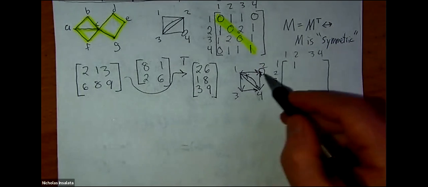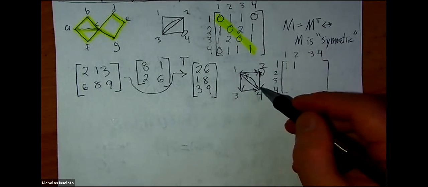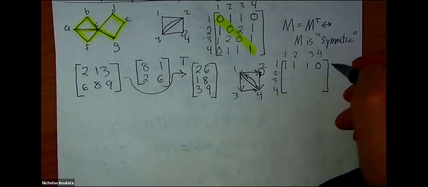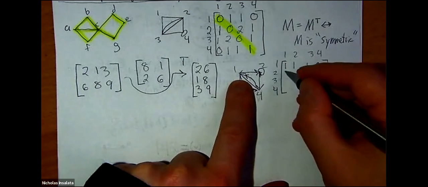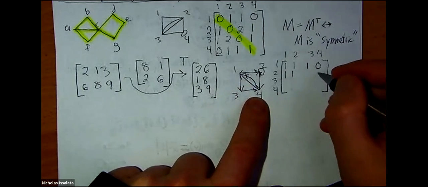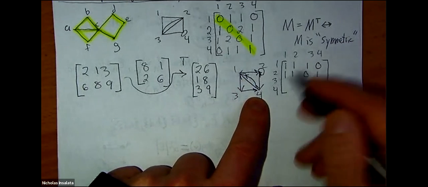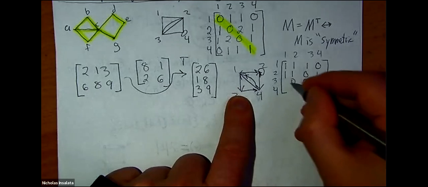Okay. So 1 goes to 2, 2 goes to 1, 1 goes to 4, and 1 goes to 3, but not to 4. Okay. 2 goes to 1, 2 goes to itself, and 2 goes to 4, but not to 3. 3 goes only to 4 and nowhere else.